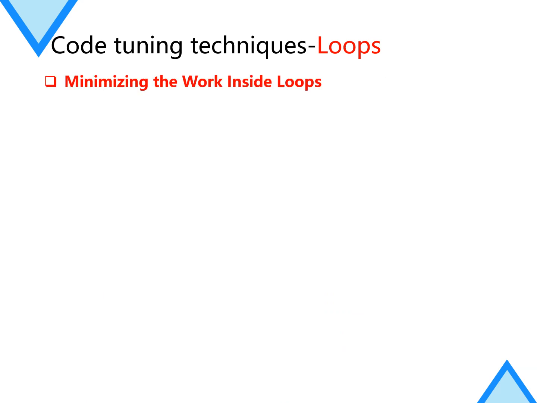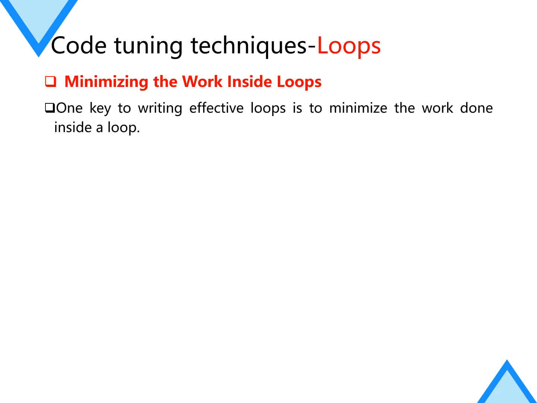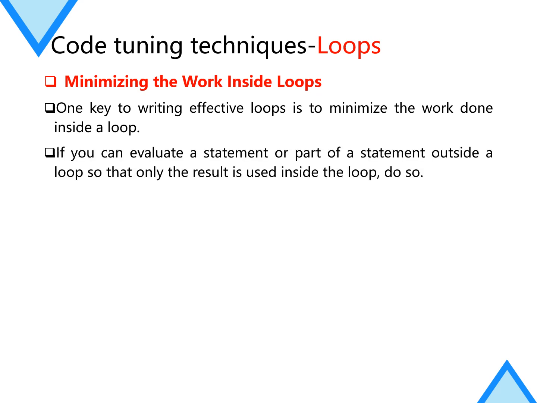The next technique is minimizing the work inside the loop. One key to writing an effective loop is to minimize the work done inside a loop. Using this technique we will reduce the work inside the loop.